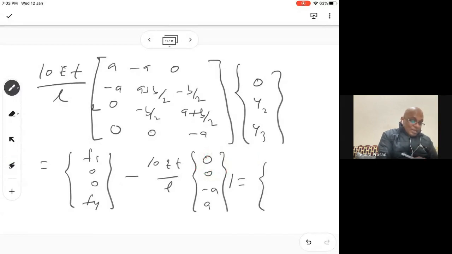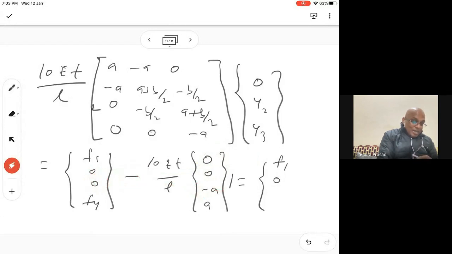So what we get here, f1, because 0, so it will not matter, and here also 0, so this will be 0. Third, you see 0 here, and here minus, here plus.